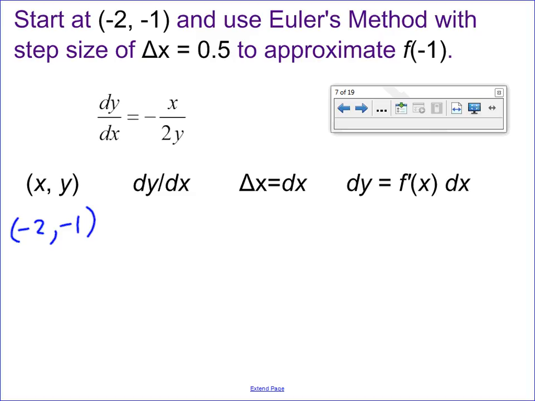Now I'm going to calculate dy dx, the value of my slope, my instantaneous rate of change at that point. How will I do that? I'll simply plug it into here. So that'll be the opposite of my x value, which was -2, over twice my y value, which was -1.